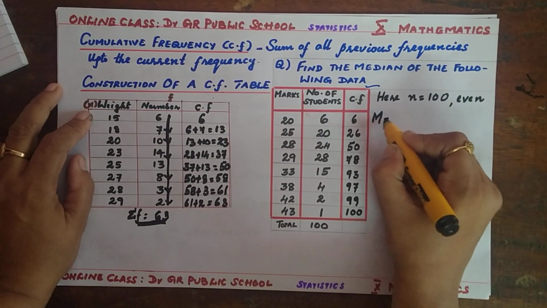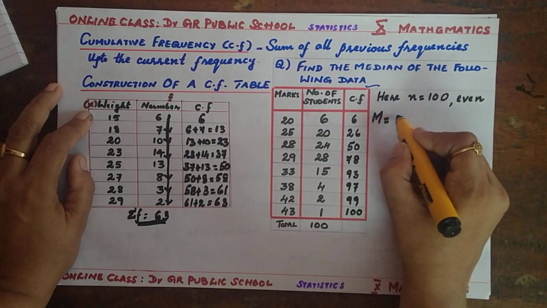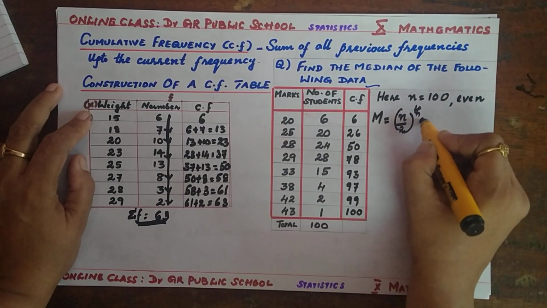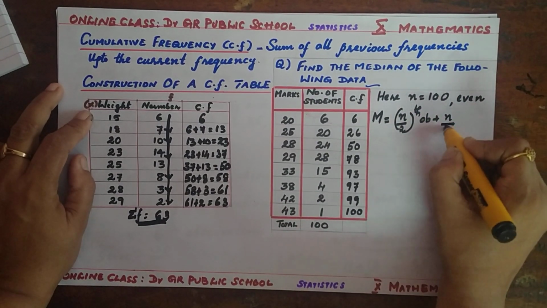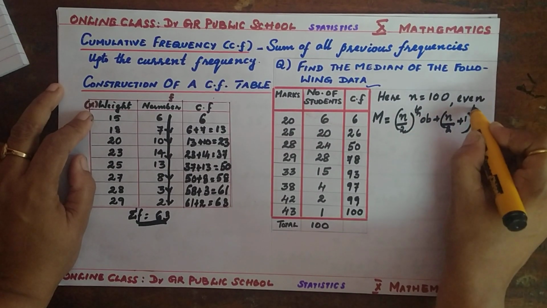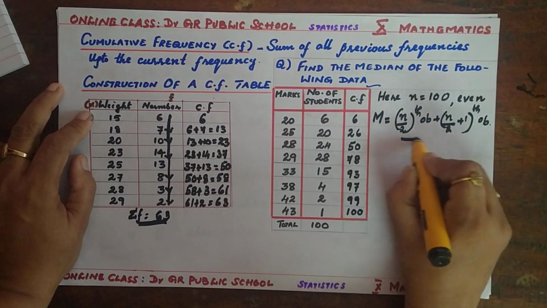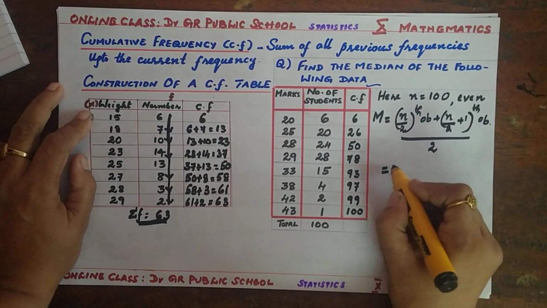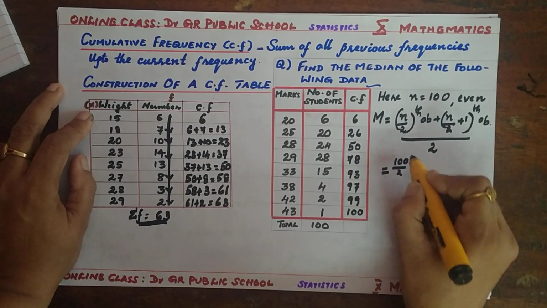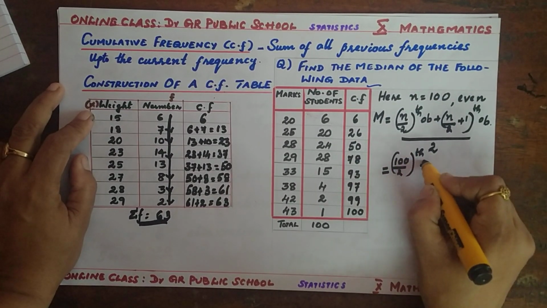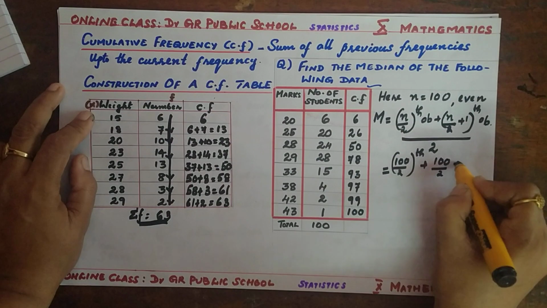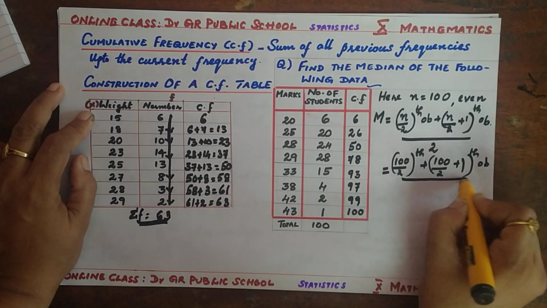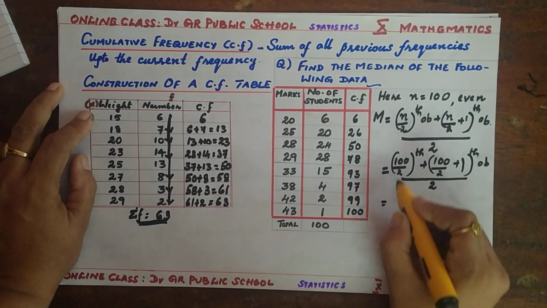So the median M equals, what is the formula for an even number of observations? (n/2)th observation plus (n/2 + 1)th observation, the whole divided by 2, which is equal to, substituting the value of n, (100/2)th observation plus (100/2 + 1)th observation, the whole divided by 2 equals, what is 100 by 2?